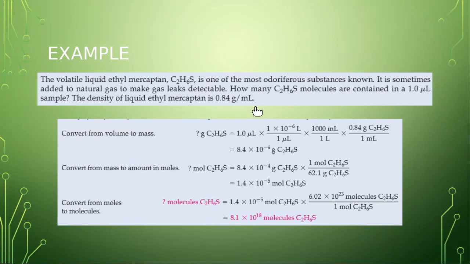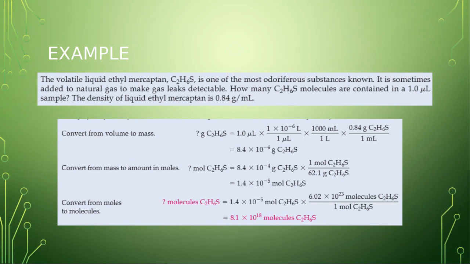The density is very important to convert from milliliter to the gram, because we can't weigh this liquid with the gram unit. Always we measure this liquid in milliliter or microliter or liter.